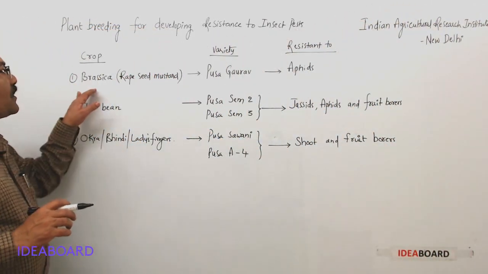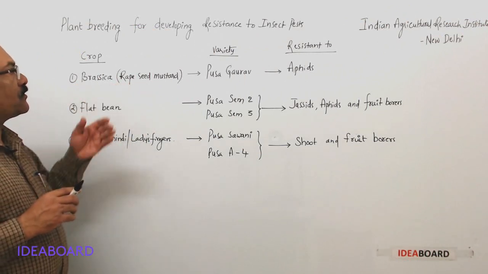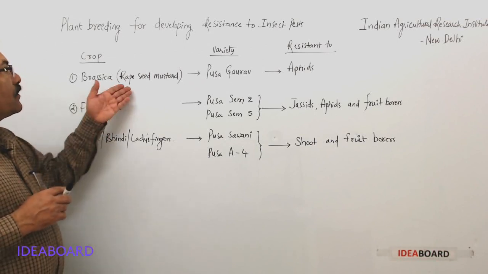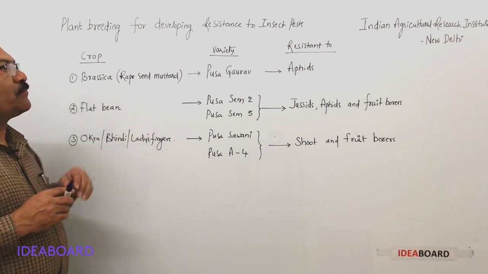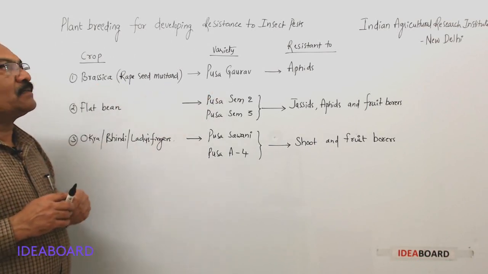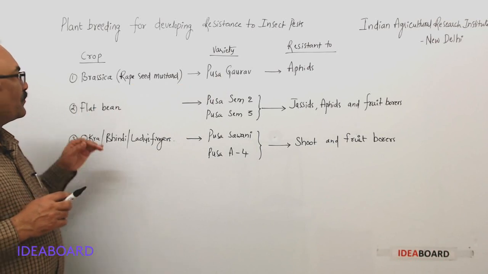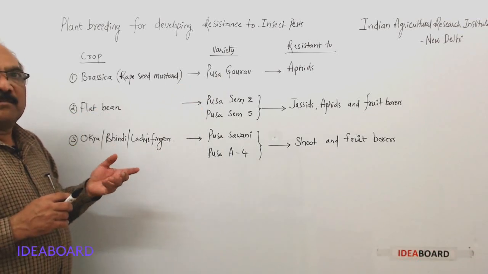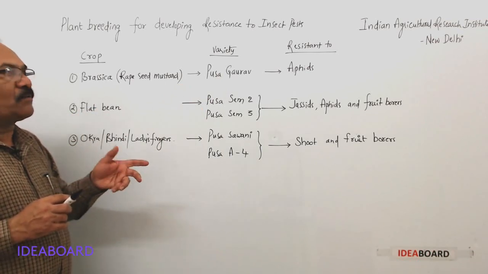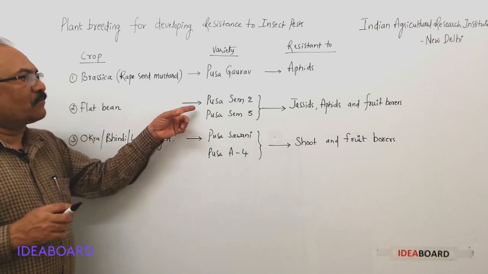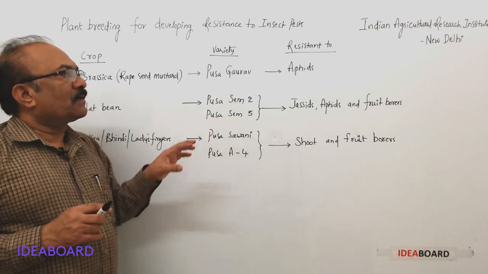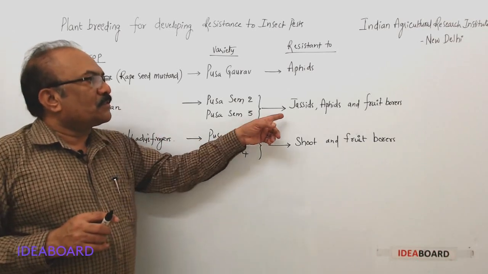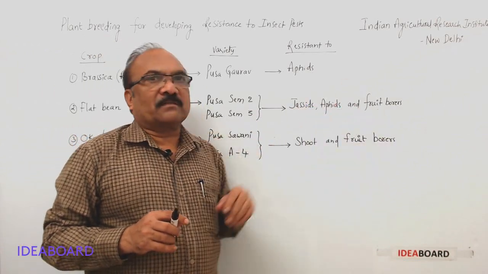Brassica, rapeseed mustard, which is used for extracting rapeseed oil: the variety developed is Pusa Gaurav, and it is resistant to aphids. Like that, in flat bean they have developed many varieties, but those released into the market are Pusa Sem 2 and Pusa Sem 3, and these two varieties are resistant to jassids, aphids and fruit borers.